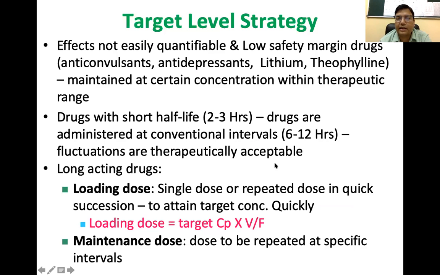Fluctuations are therapeutically acceptable. But for longer acting drugs, we give the loading dose, which is a single dose or repeated doses in quick succession to attain a target concentration very quickly. This we do with chloroquine, and it depends on the volume of distribution. The maintenance dose is the dose repeated at specific intervals so as to maintain the plasma concentration.